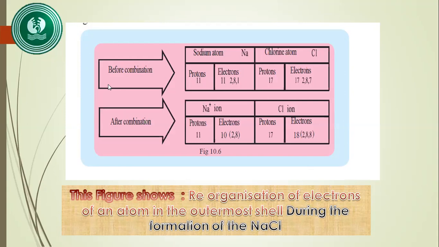Like that, in the chloride ion there are 17 protons and 18 electrons, because the chlorine atom gains one electron to obey its octet rule. So 17 positive and 18 negative, the result is -1. So we simply put the negative charge as a superscript on the chloride ion.